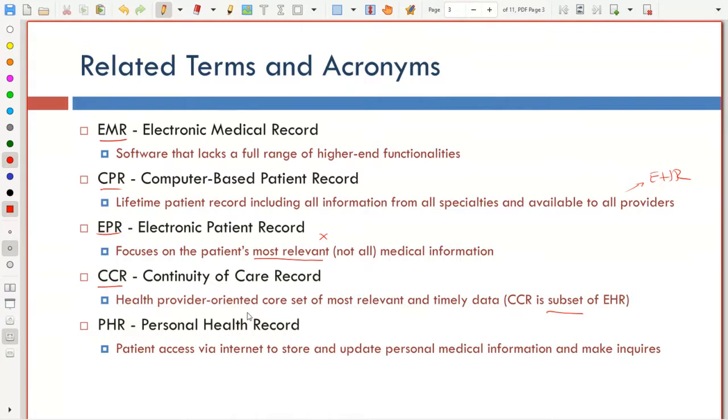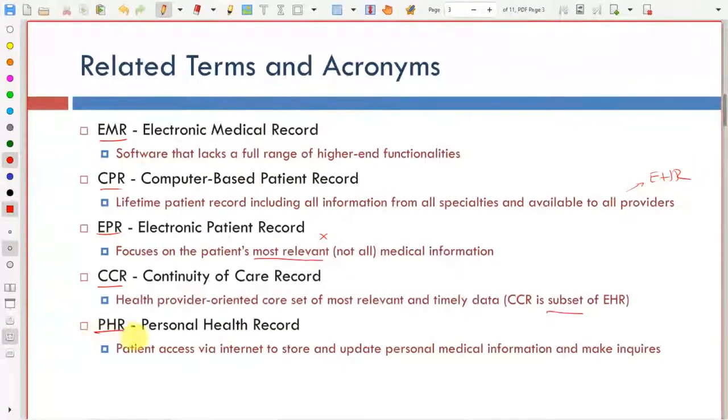So from the point of view of the company, like the hospital, not the doctor, it might be better to have a record that focuses on the cost elements that are repetitive and keep coming back.